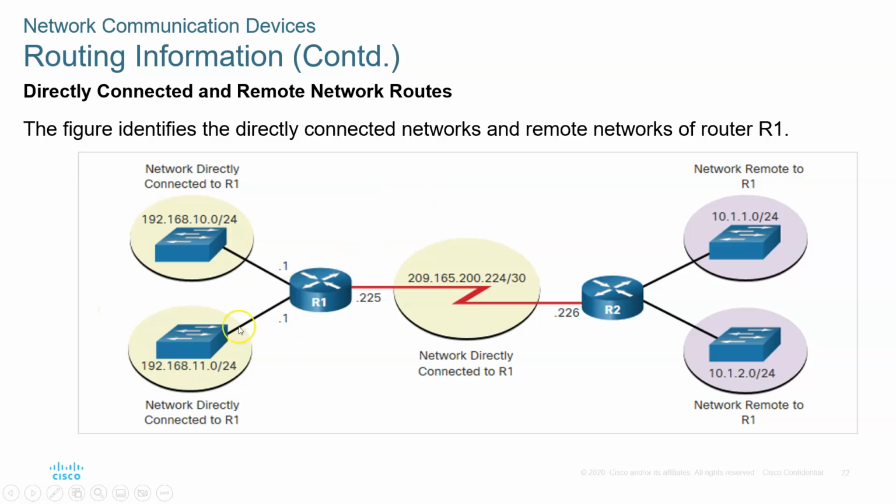Same thing with this: 192.168.11.0/24 is directly connected to FastEthernet 0/1. And this interface will say 209.165.200.225/30 is directly connected to Serial 0/0/0, for example. Those are 3 directly connected interfaces, and you'll see 3 C's on them.